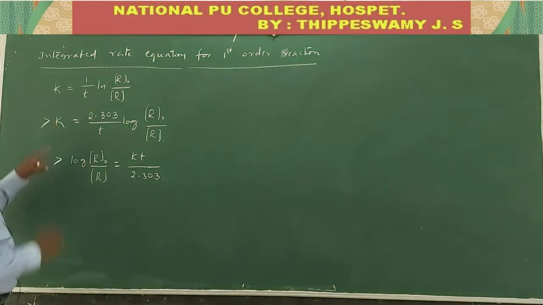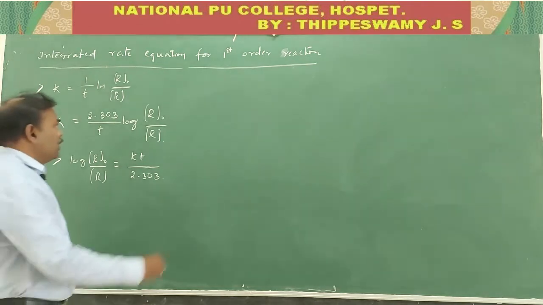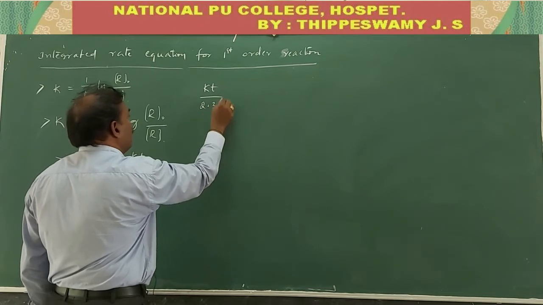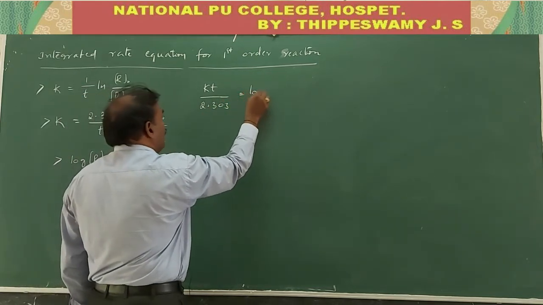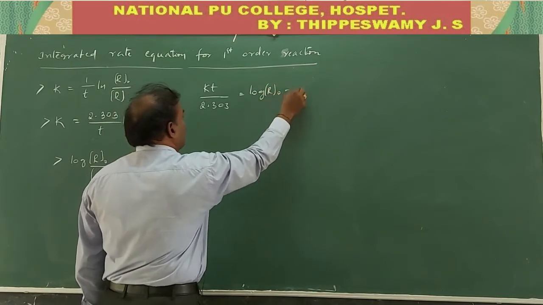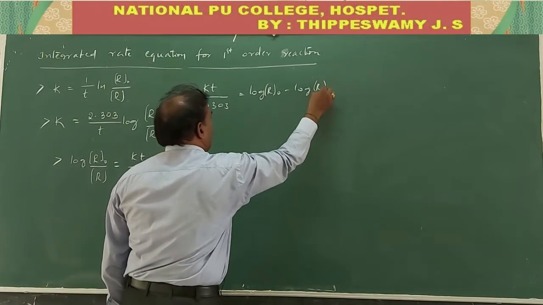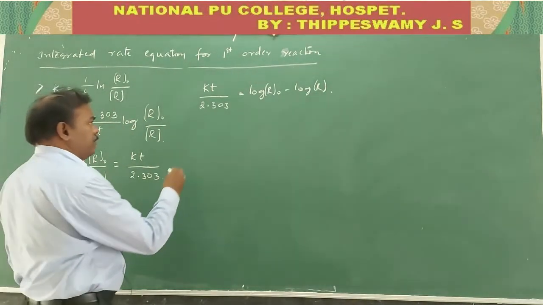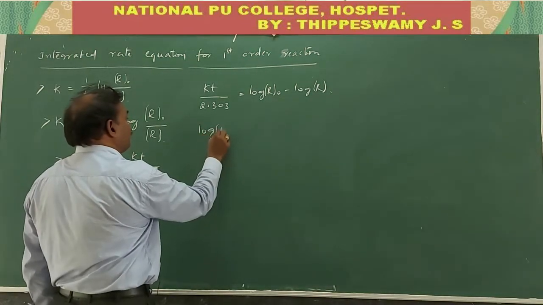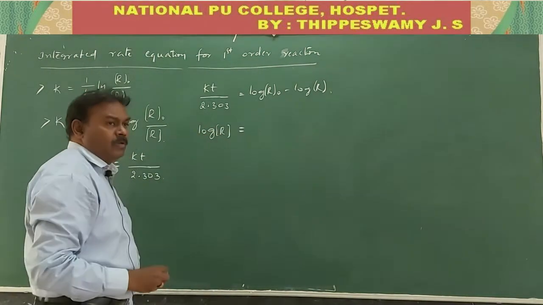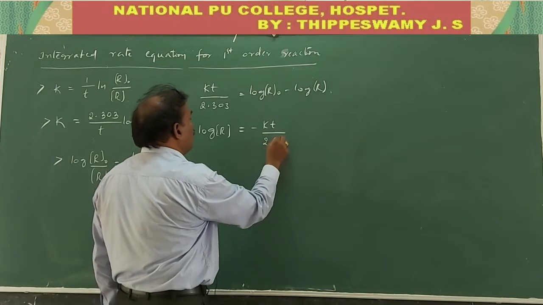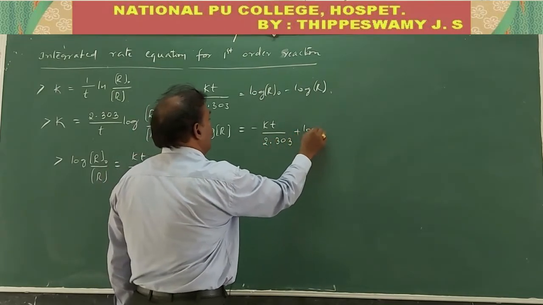So this is one form, and this is another form. Here, kt/2.303 = log R0 minus log R. And this equation can be written as log R = -kt/2.303 + log R0.